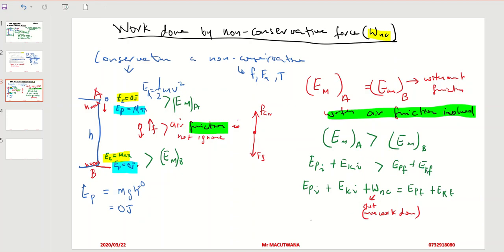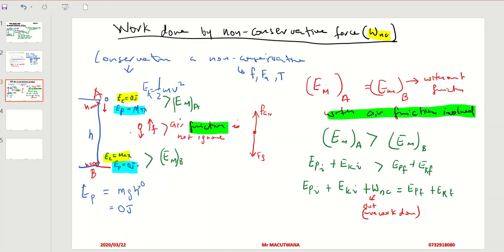Okay. Now I hope you get this. Let me just explain this once more. Here, energy at A is bigger than energy at B. One would probably ask why. At A, it has not moved yet. It has the maximum potential energy, but as soon as it starts moving, it experiences resistance due to air, that is, frictional force is acting now.